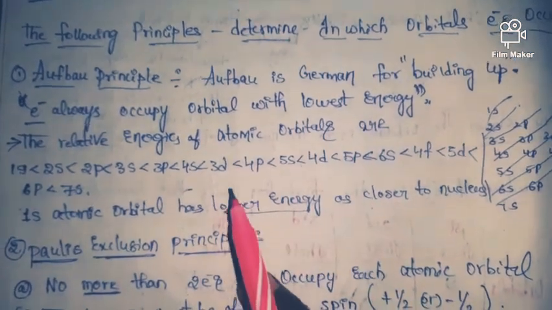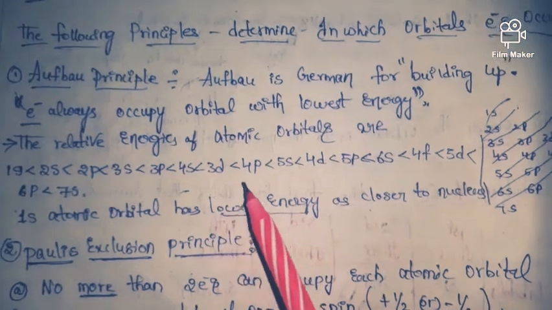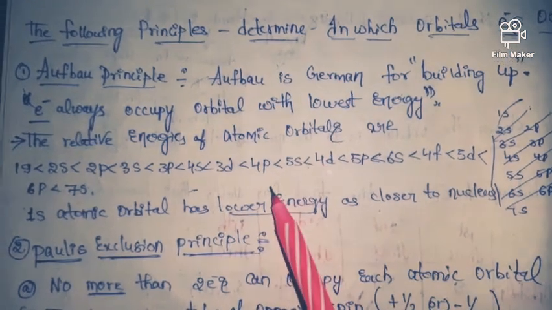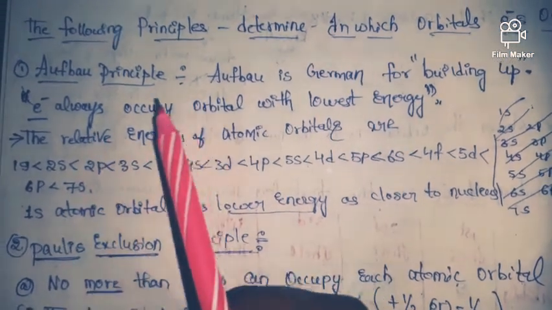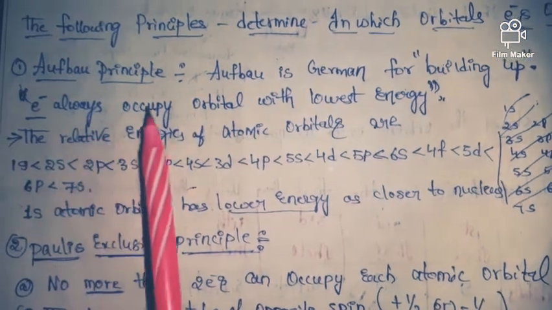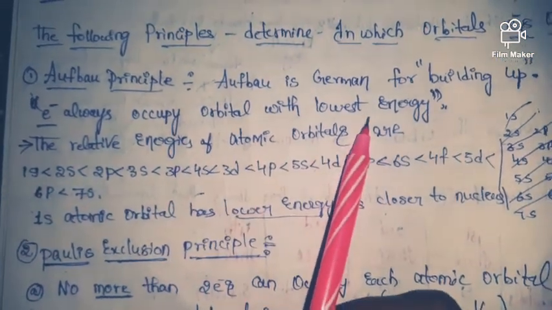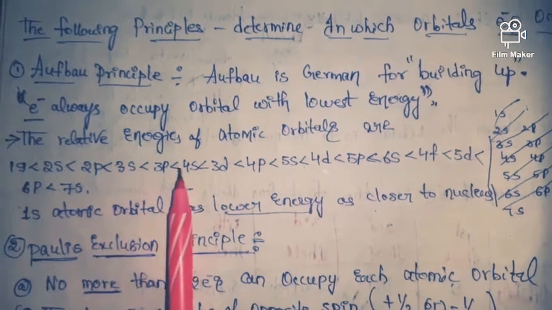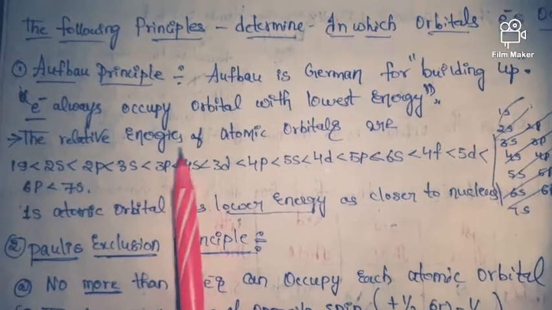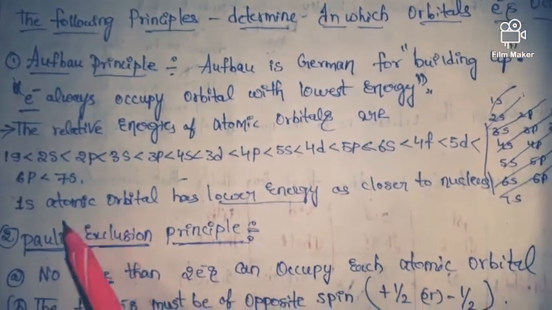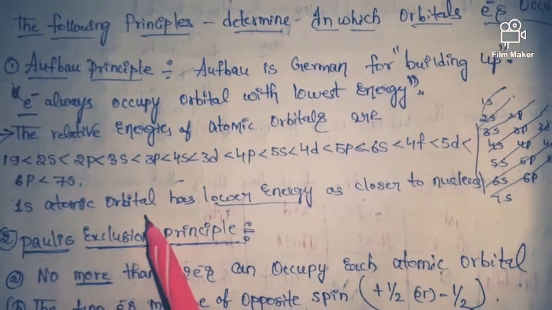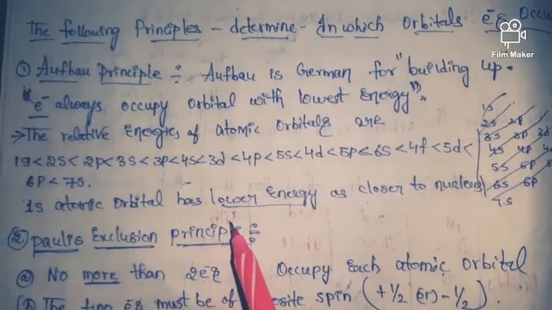Knowing about the relative energies of atomic orbitals is important because, according to our Aufbau principle, electrons always occupy the orbital with lowest energy, no? So we should know the order of energies of atomic orbitals. Next, the 1s atomic orbital has lower energy as it is closer to the nucleus.